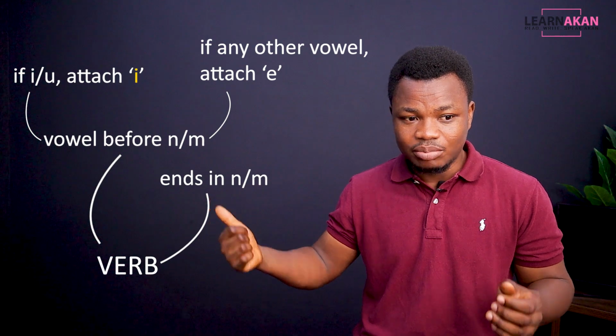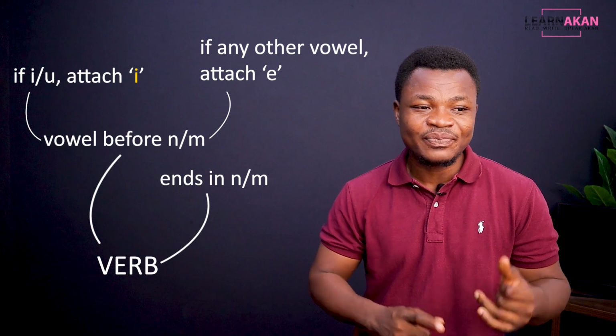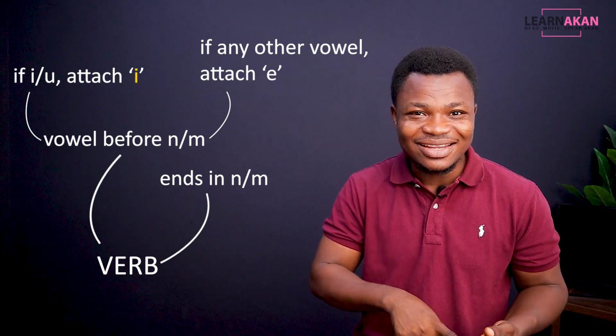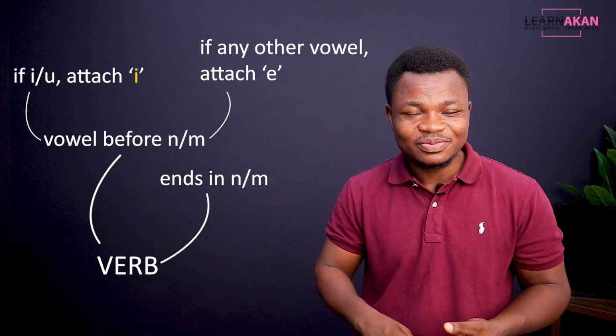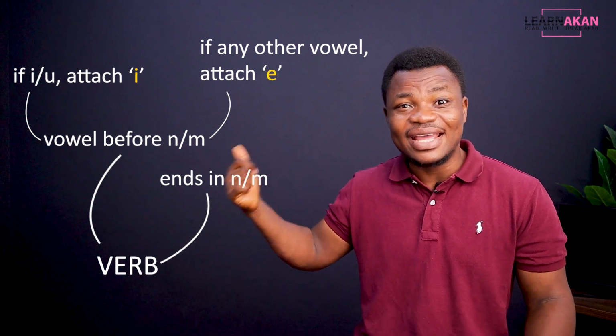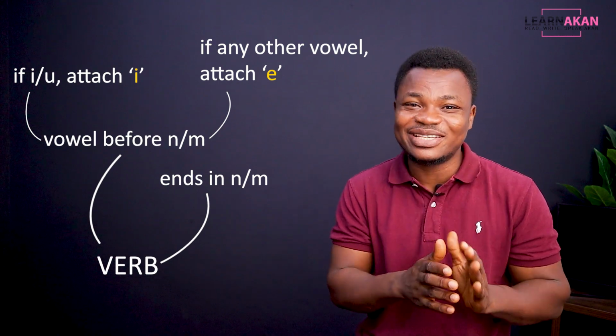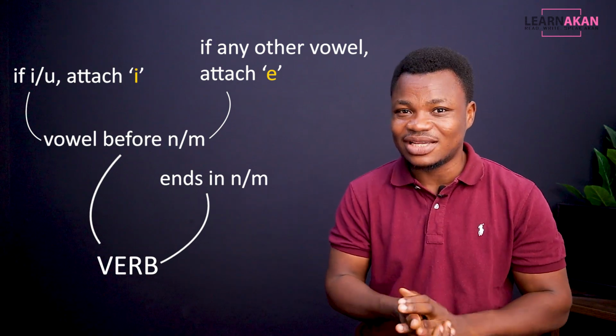All right, but if the vowel that comes before the n is neither an e nor an u, then you attach to the end of that verb the other vowel e. Again, we'll get to the examples, and if you haven't gotten it up to this point, I'm sure when we get down to the examples, you get it.